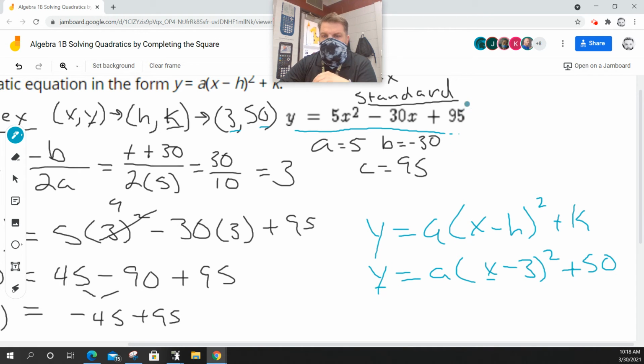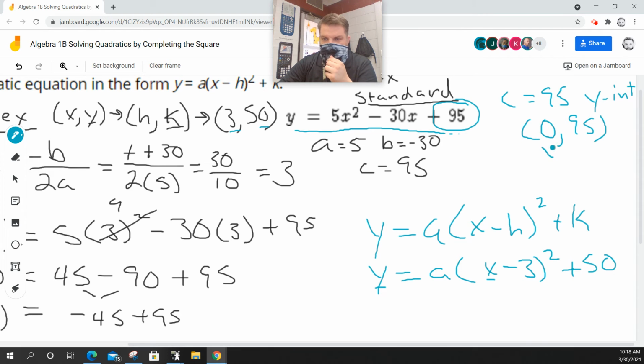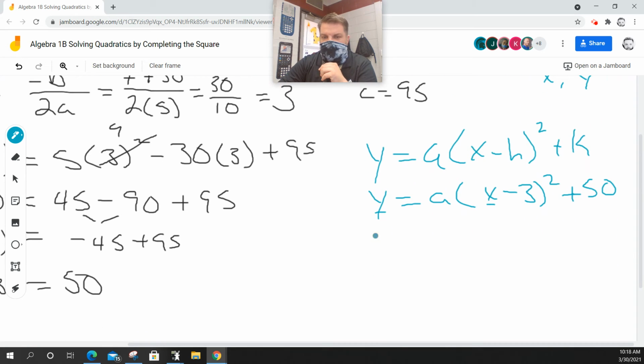Well, remember that in standard form, c, which is equal to 95, is also the y-intercept. And the y-intercept occurs at 0 comma 95. So I'm going to let my x value be 0 and my y value be 95. So 95 for y, 0 for x.